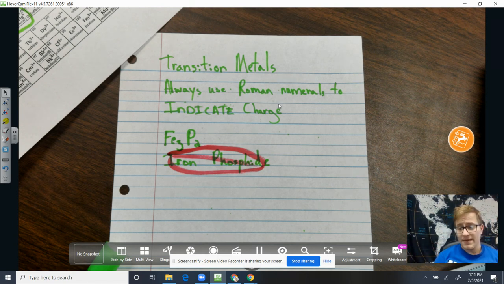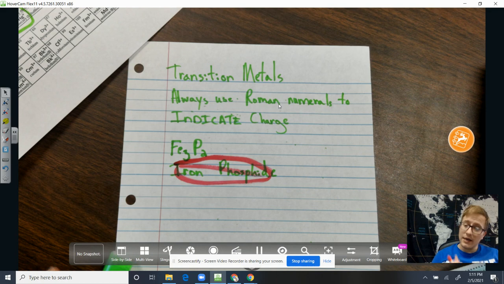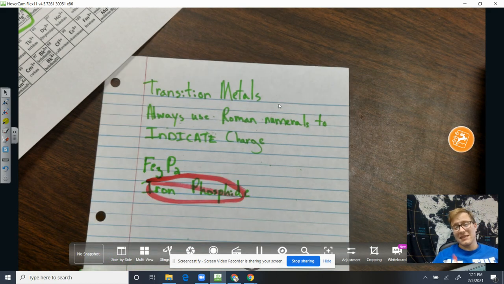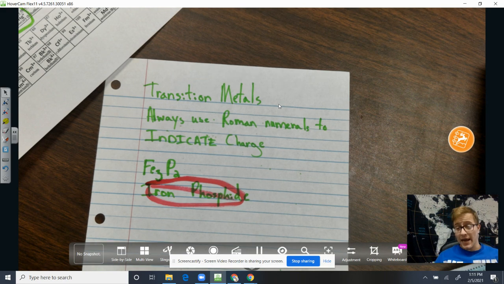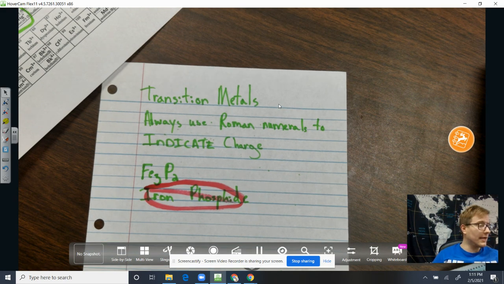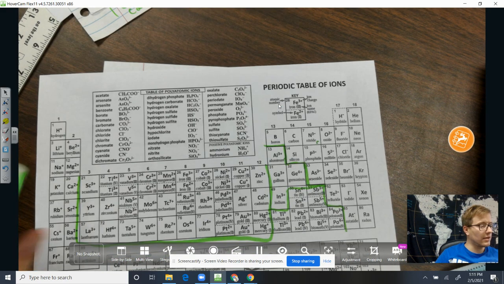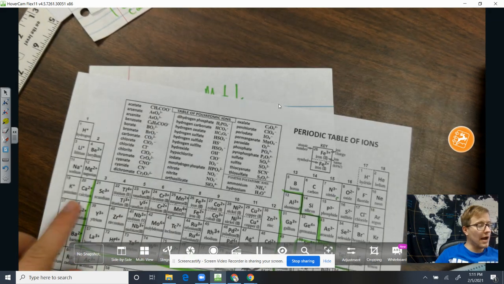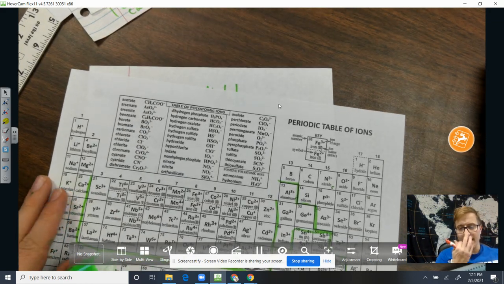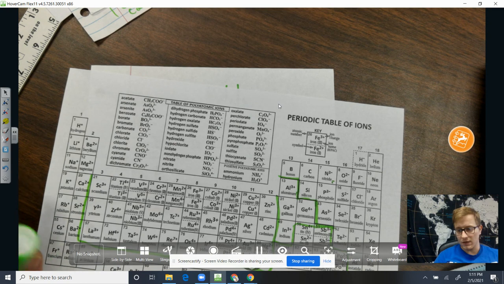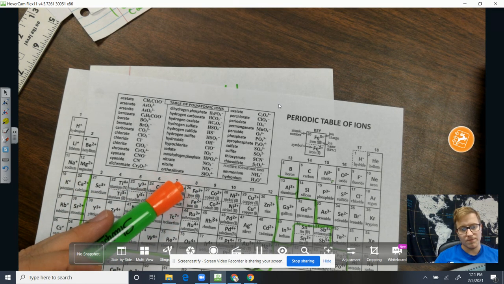Just how it works. It's sitting, if you remember, in the d orbital. The d orbital has a lower energy level than its corresponding s orbital right next to it, but it still interferes in weird, messy ways. So when you're dealing with this d orbital, you might only have the two. So the s will be your valence electron shell, the last energy shell. So let's say we are looking at iron.